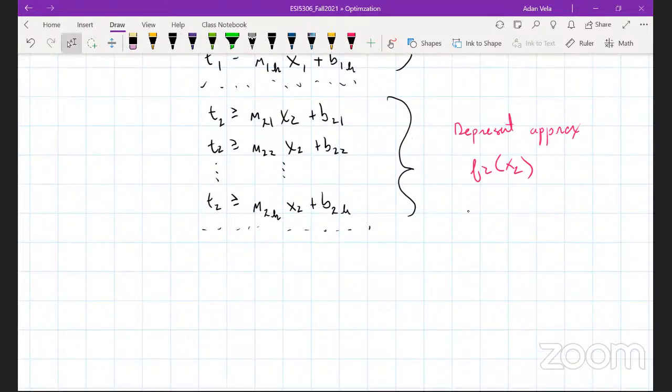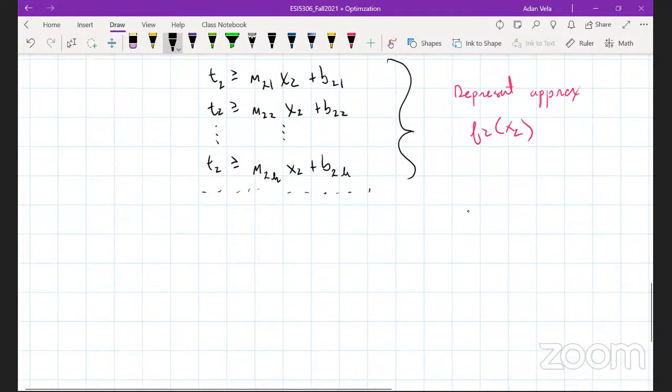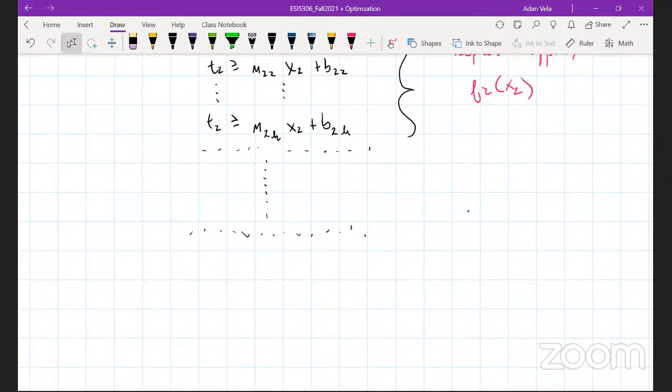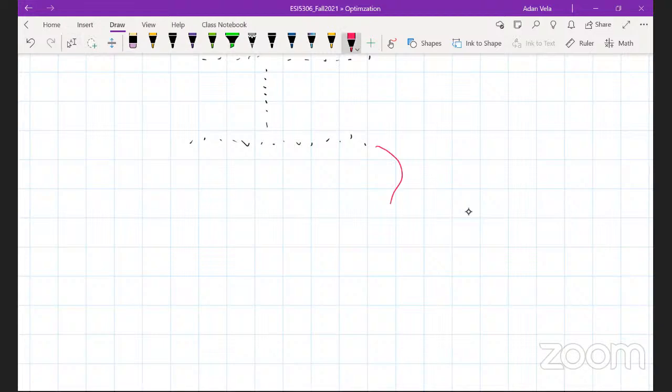This process repeats over all the dimensions that you're trying to linearize. Okay. So in our case, if x is of n dimensions, we could have up to n sets of equations for each approximation.